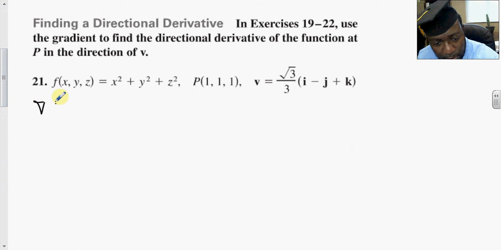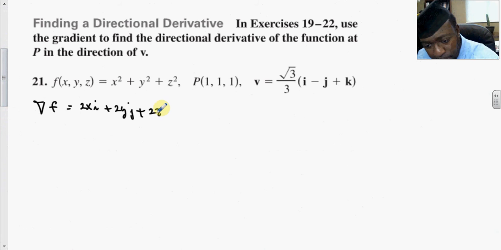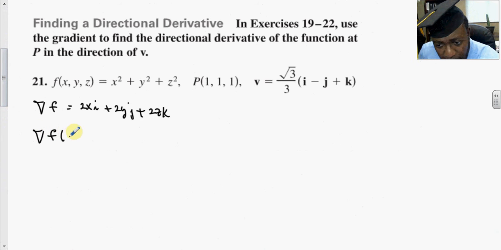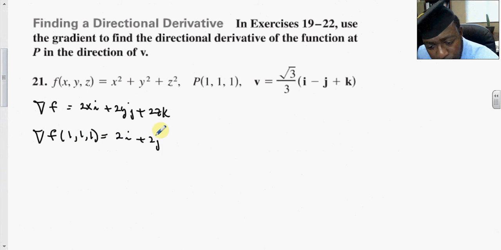So the gradient here of f is 2xi plus 2yj plus 2zk. So we can use that, and now notice that this gradient at the point P, so x is 1, y is 1, z is 1, gives us 2i plus 2j plus 2k.